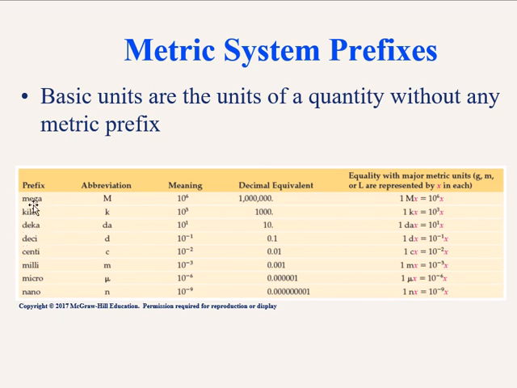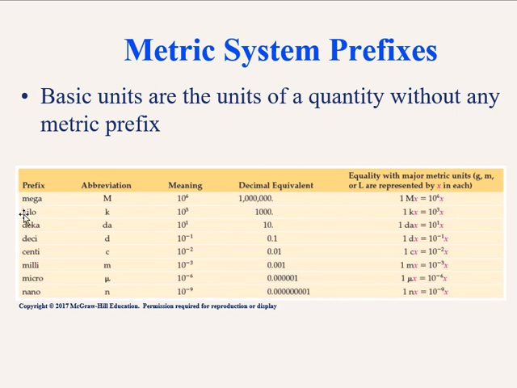A mega multiplies your standard unit by a million. 10 to the 6 means a million. So if I have here where it says x, if I substitute meter m for x, that means that 1 megameter equals 10 to the 6 or 1 million meters.